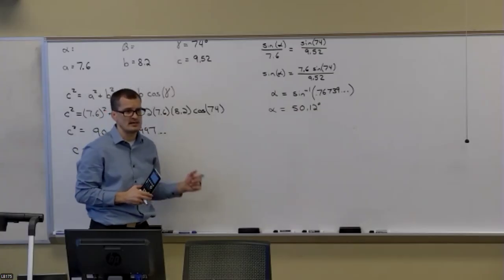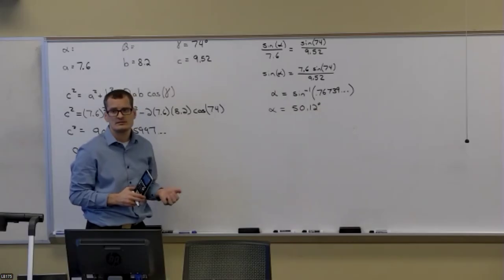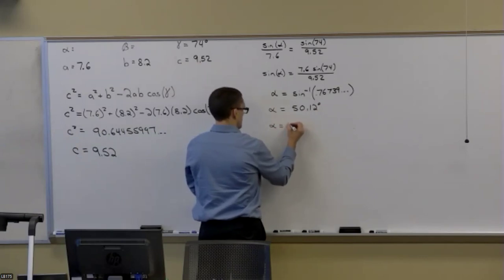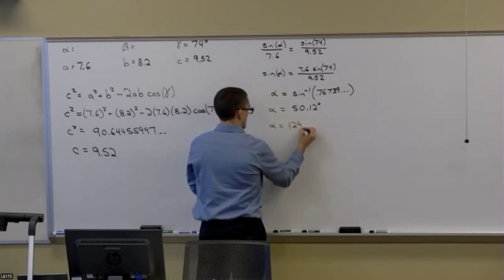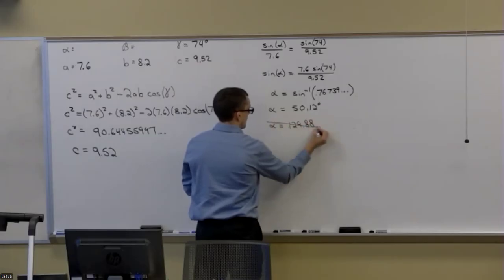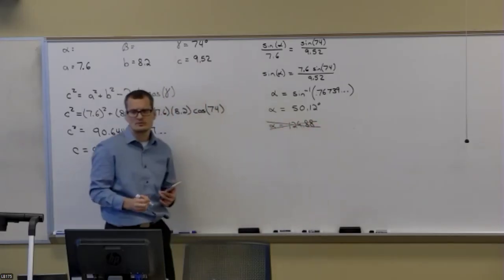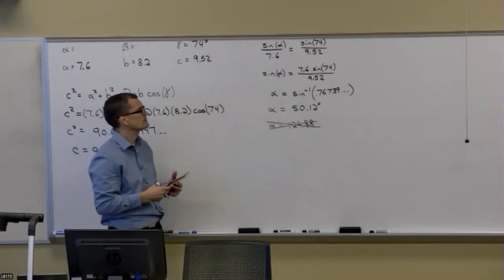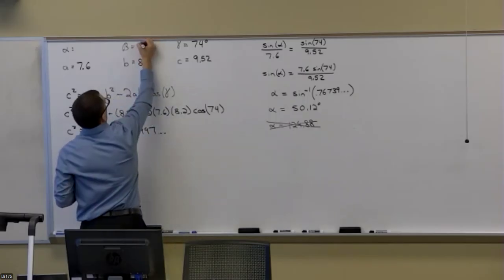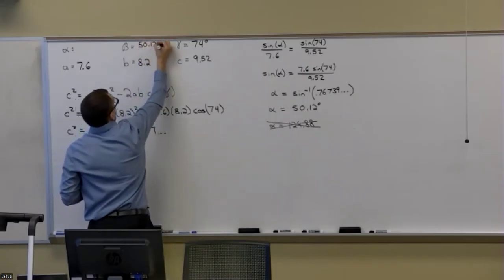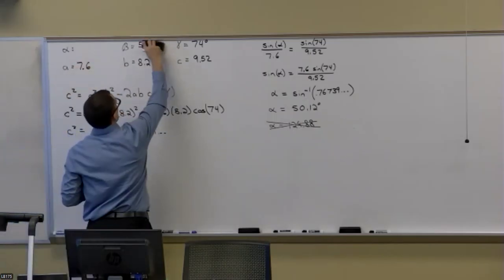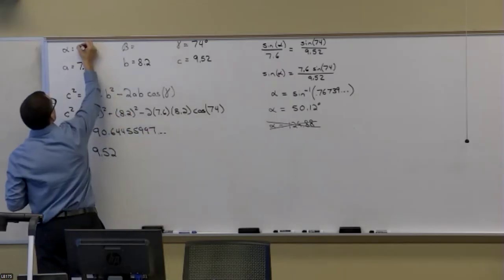So I can eliminate the supplementary option right now, which you probably figured you could. Now, the quickest way to get alpha, or excuse me, I misspoke there. I wrote the 50.12 in the wrong spot. 50.12 should be the alpha.